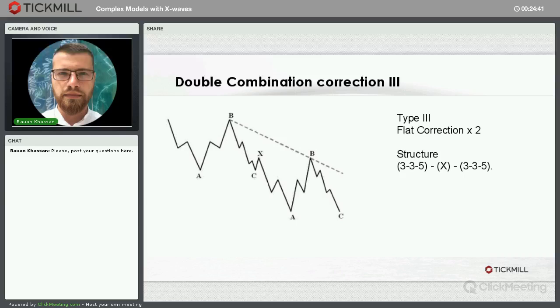You are able to understand that by its structure it could be a flat correction itself. So regardless of the combination of waves inside each flat correction, the signal line which connects waves B and B is the most effective in this price model.